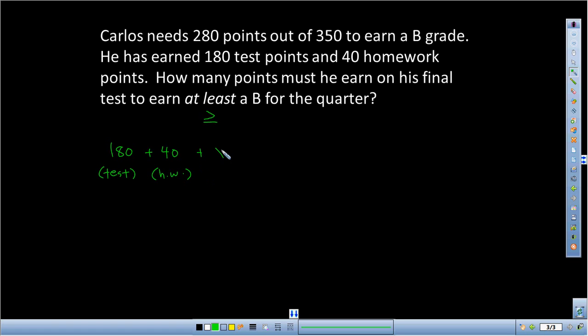He hasn't taken the test yet, so we don't know what the total number of points is that he's earned. But combined, those points need to be at least 280 in order to earn the B. We can be above the 280, we can be exactly at 280, but we cannot go below 280. So we're going to use the greater than or equal to inequality for this.